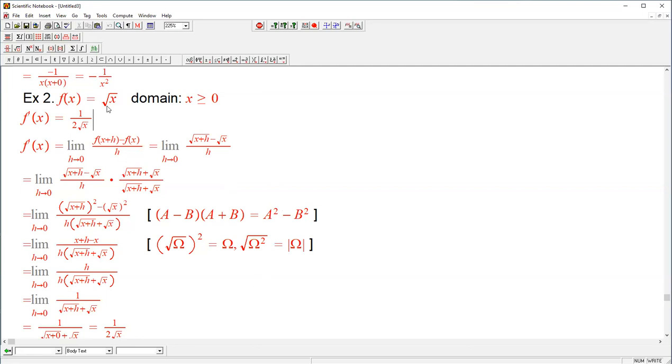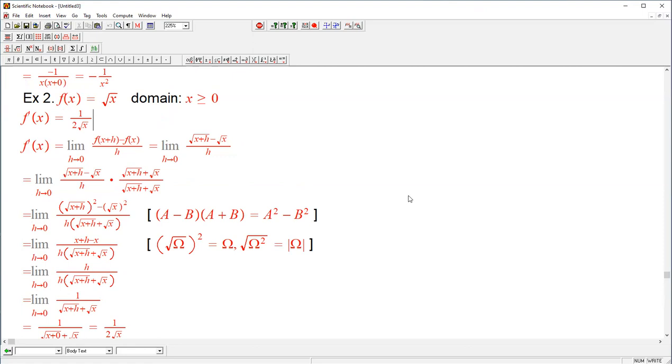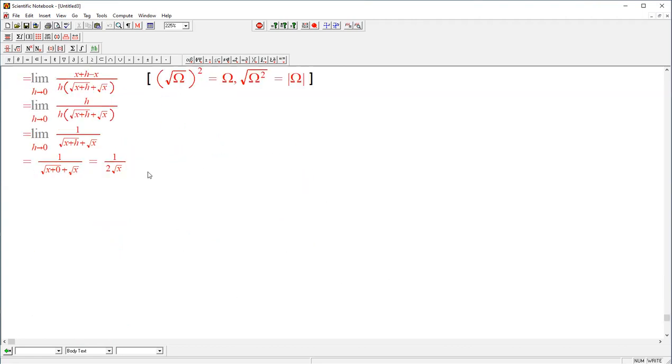For other roots, like root 3, root 4, they're less commonly used, but root 3 can be commonly used. I would encourage you to derive it for root 3. And the next other commonly used derivatives would be like x squared, x raised to the power 3.